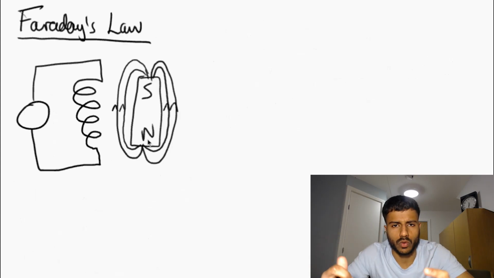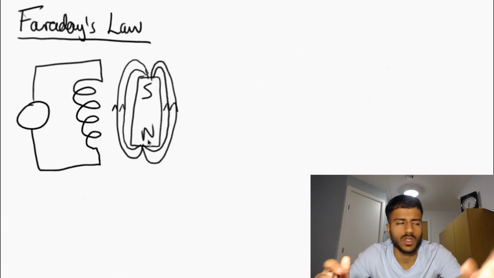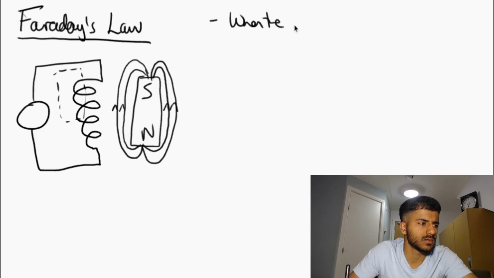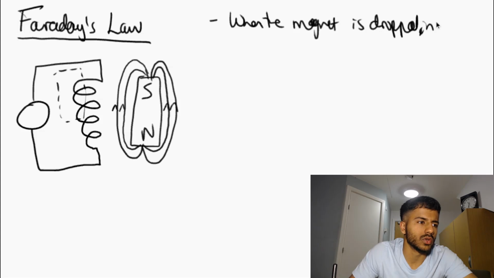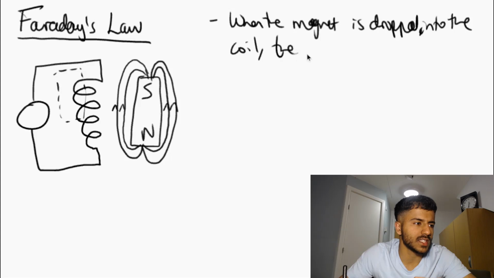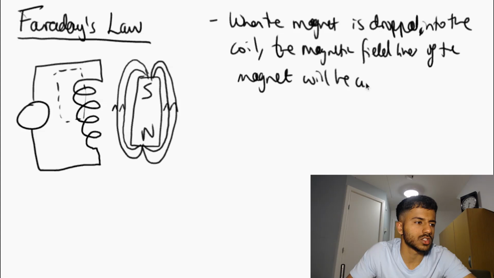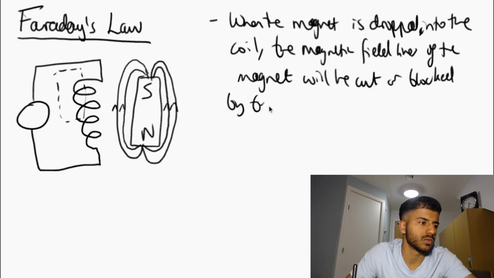So let's say we have a coil and a regular bar magnet, and what I'm going to do is I'm going to drop this bar magnet through the coil. Now when the magnet is dropped into the coil, you can see that the magnetic field lines of the magnet will be cut, or you can say blocked, by the coil.